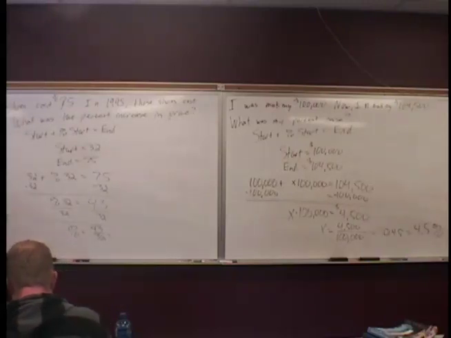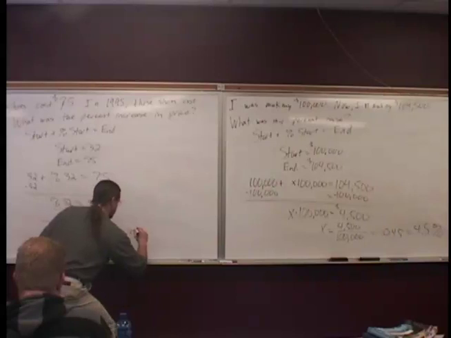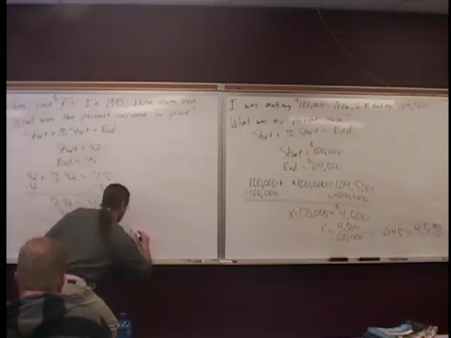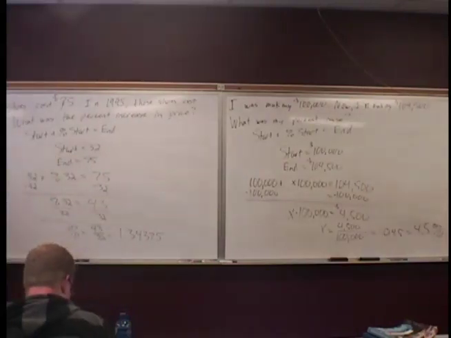What'd you get? Give me all the digits. Okay, 1.34375. So is my percentage 1.34375%? No. This is in decimal. What do I got to do? Move it over 2.